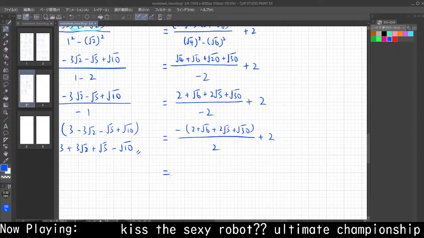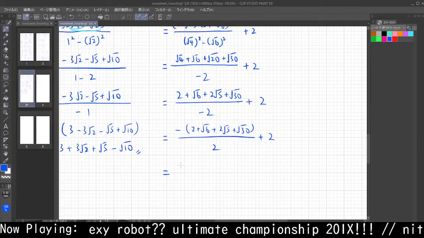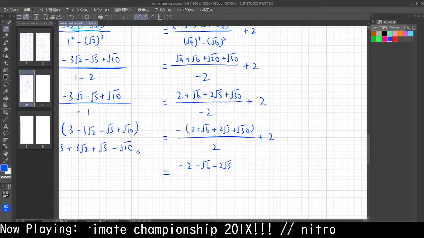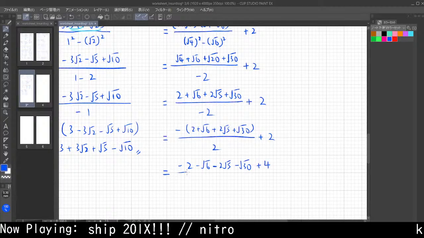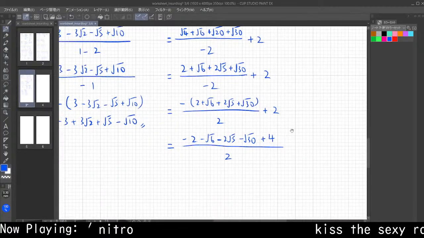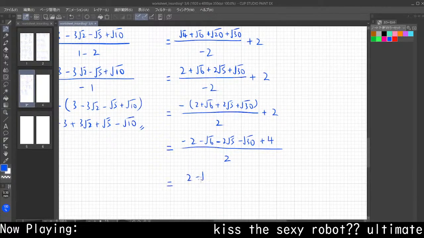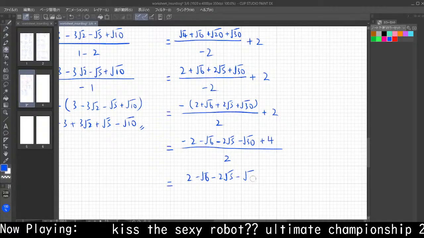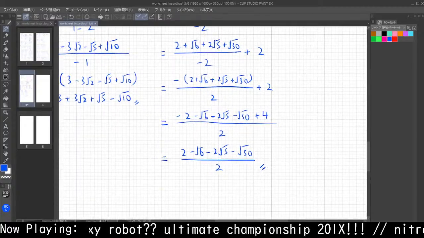Combine the plus 2 by giving a denominator of 2, so 2 becomes 4 over 2, and incorporate it into the denominator alongside, and do it together with the step where you multiply the negative sign into the bracket. 4 minus 2 is 2. Anything else? This is your answer.